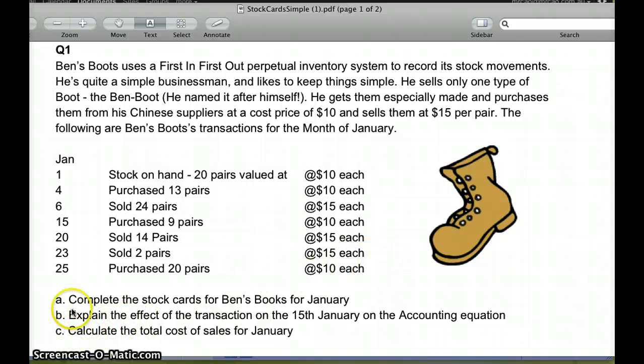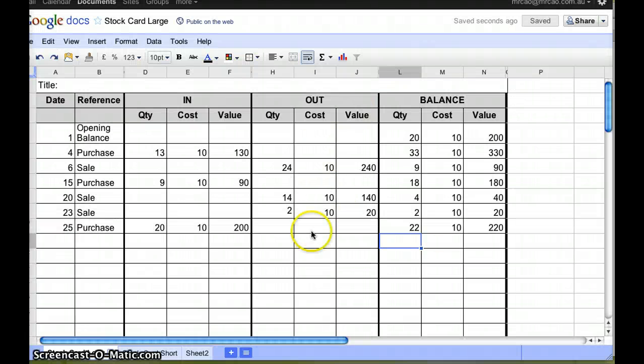There's also another part. Part C, let's not worry about part B, but part C: calculate the total cost of sales for January. To do this, we want to find the total value of the stock that has gone out of our inventory.